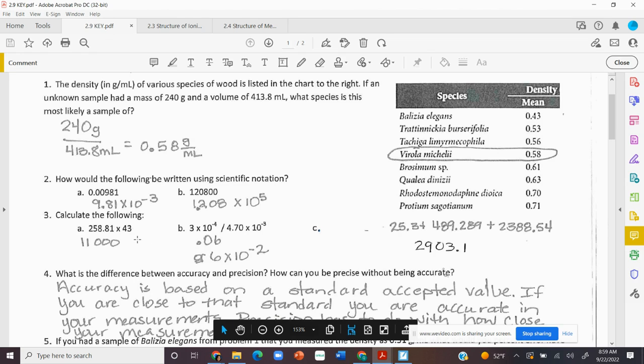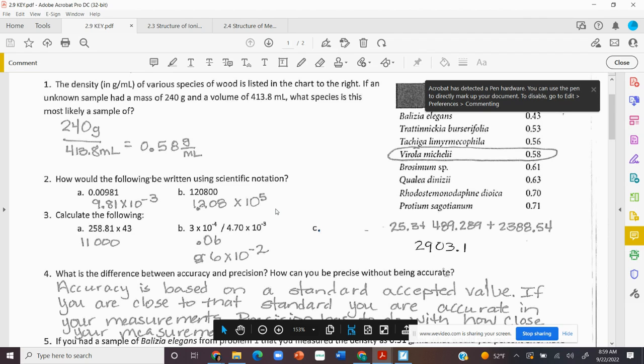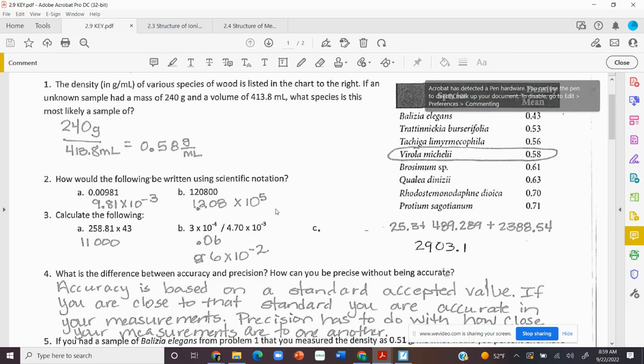When we're doing scientific notation, you look at your number here. You're going to slide the decimal point over until the number that remains is between 1 and 9. So when I slid this over, it went 3 places, and I slid it this direction. So I'm going to multiply this by 10 to the negative 3. Here, I can imagine a decimal at the end.